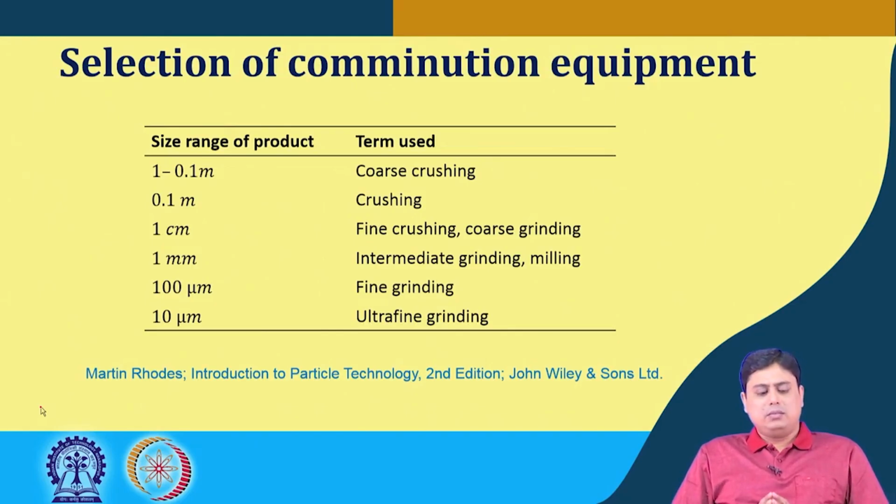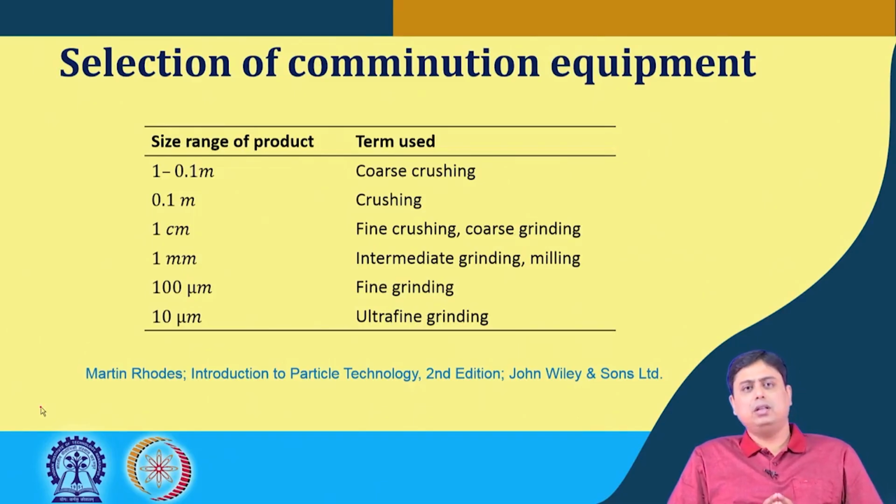Below this, in the 1 centimeter to 1 millimeter range, we say this is the intermediate grinding or milling operation. So now I hope you are getting a clear idea of why some equipments were called crushers and grinders and some equipments were called mills, like colloid mills, as we have discussed. So we have coarse crushing, then the crushing operation, then coarse grinding.